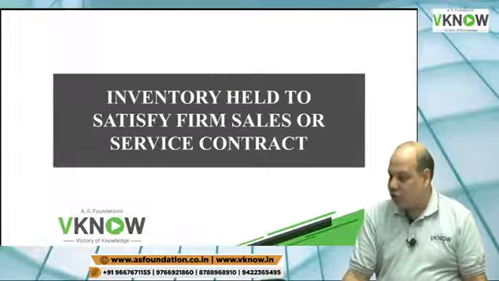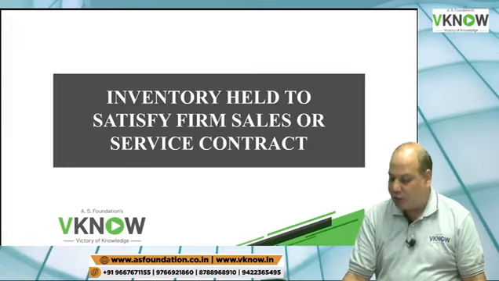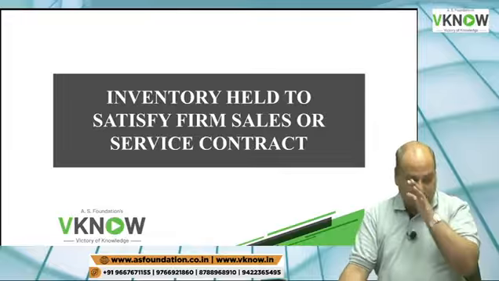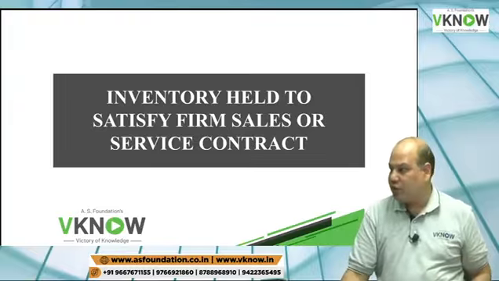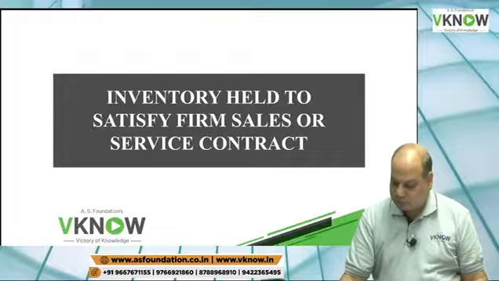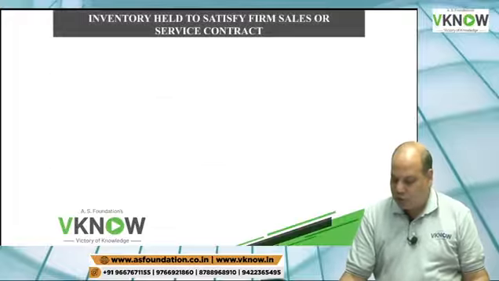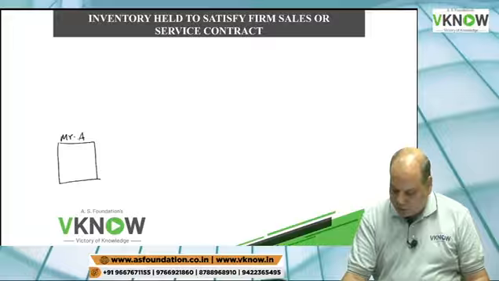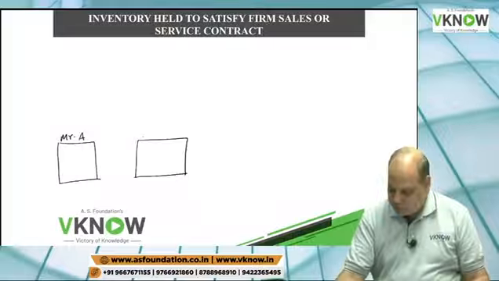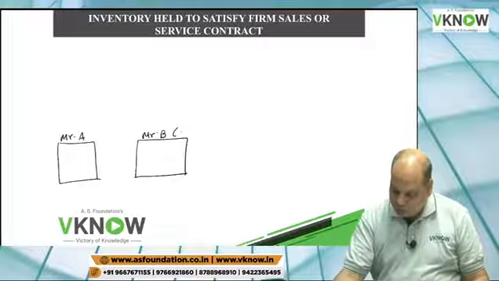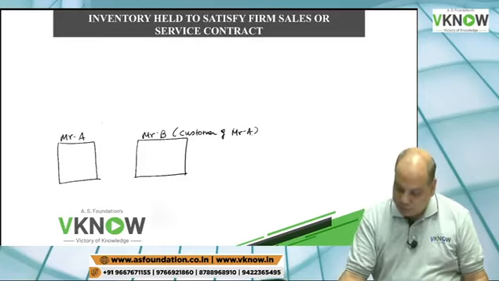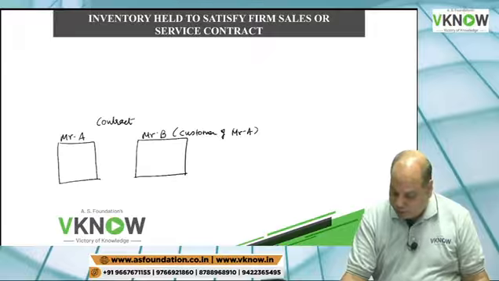The next concept is called inventory held to satisfy firm sales or service contract. What do you mean by this? This is Mr. A. This is Mr. B. Who is Mr. B? Customer of Mr. A. They have entered into an agreement, a contract.